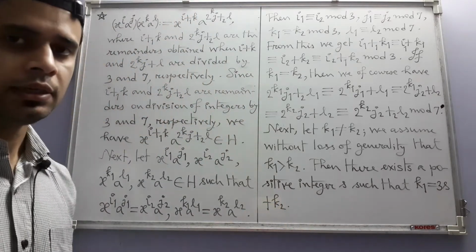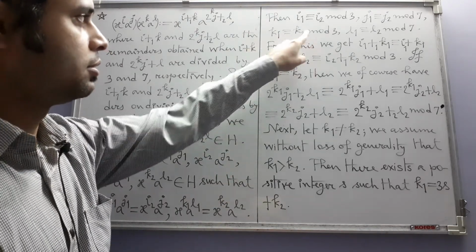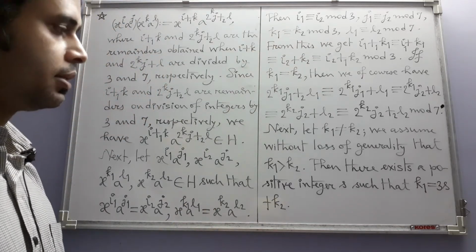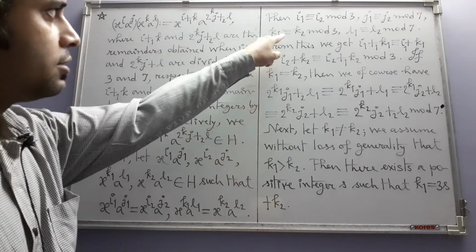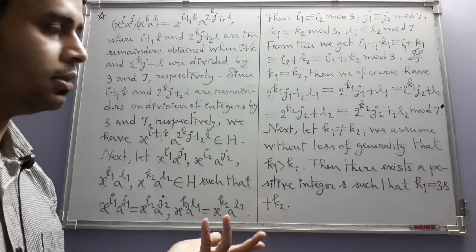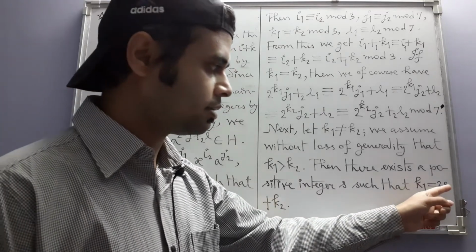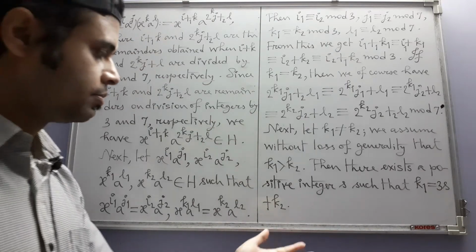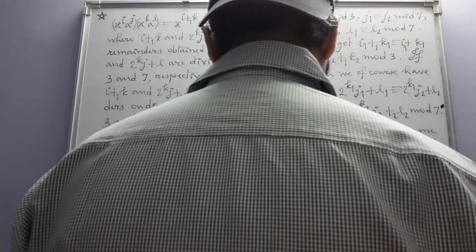Where is this 3 coming from? That is obviously coming from this congruence. Because we have assumed that k1 is greater than k2, k1 minus k2 is a positive integer, and this congruence says that k1 minus k2 is a multiple of 3. So it should be a positive multiple of 3. That's why there is a positive integer s such that k1 minus k2 is 3s, or k1 is equal to 3s plus k2.